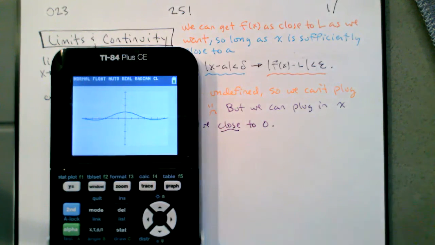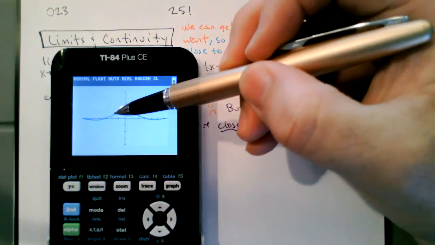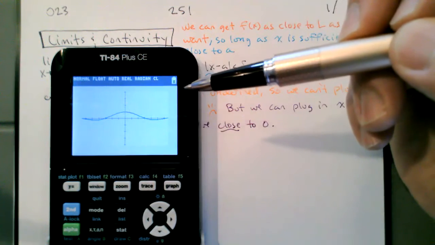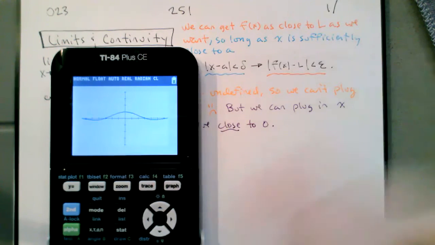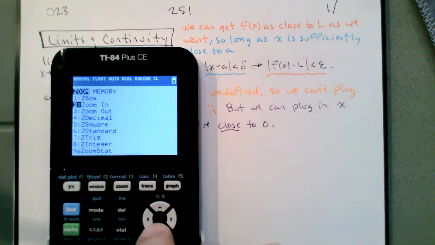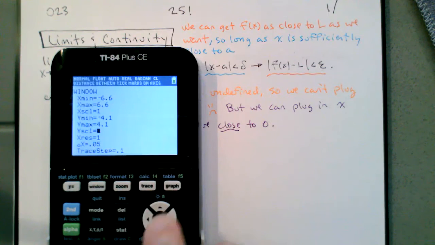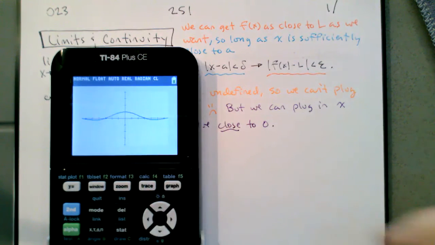So on this graph, it looks like as x is getting closer to 0, the values of the function are getting closer to 1. I'm going to check my window, and on the y scale is a 1. So we're getting closer to 1.